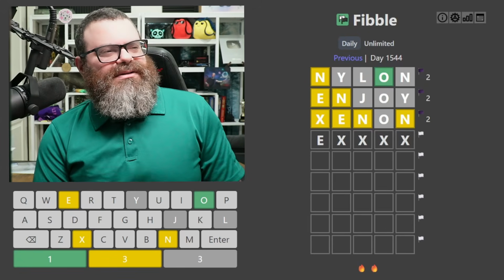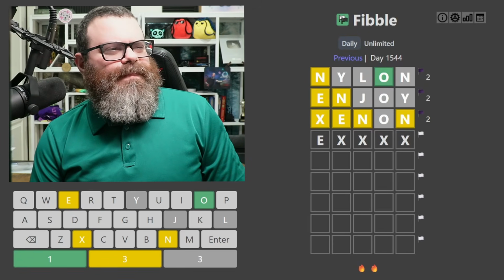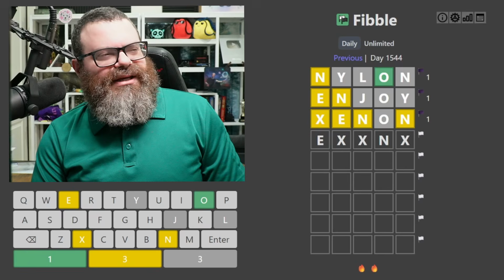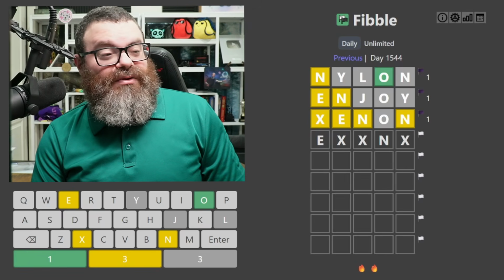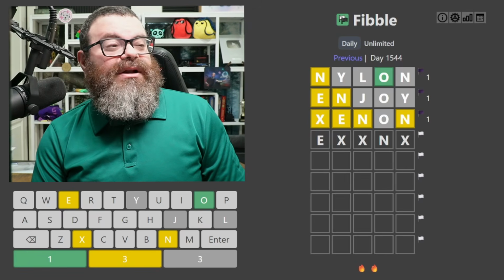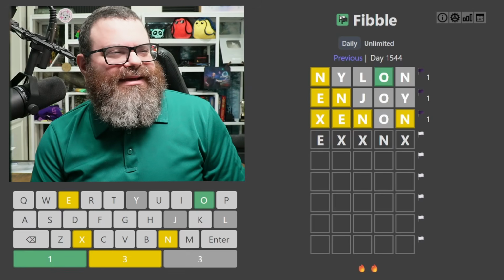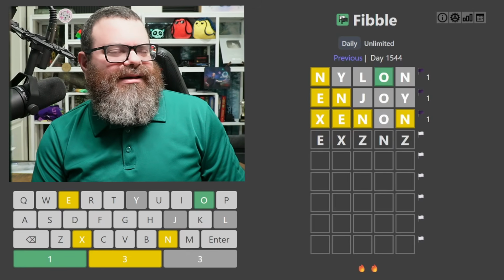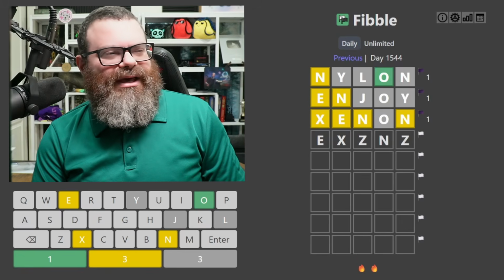Oh, I need to use an N somewhere. I mean, I feel like the only place to use it is right there. So I need to do this and then fill in new letters. But what does that? Oh, and one of them has to be an X. Sorry, X. Let me use these there as placeholders instead of X. So X.